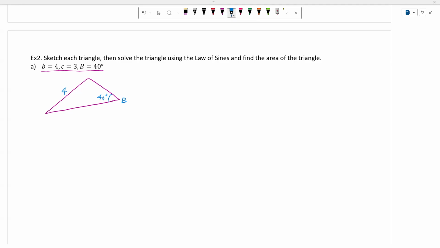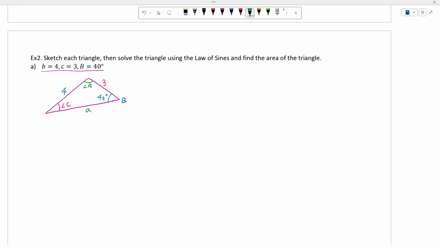And if this is 3, then of course this angle must be the angle C. If this is the case, then this one must be the angle A, and this length must be the length a.